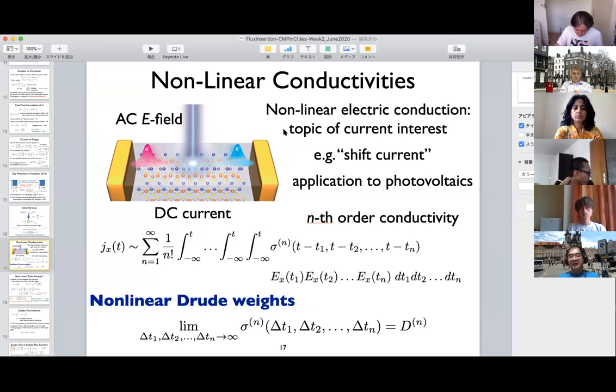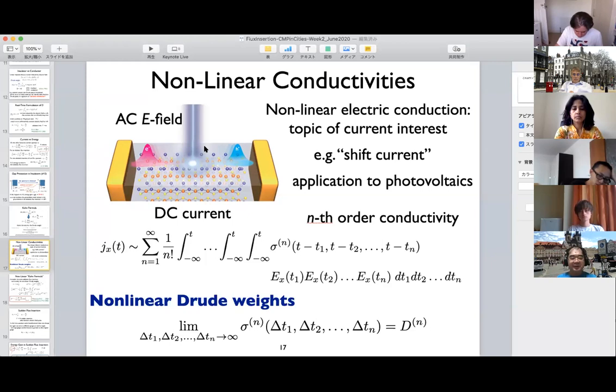But recently, experimentalists developed laser apparatus and so on. If you shine strong laser on the material, you can observe nonlinear effects. So there are experimental interests recently in nonlinear effects, and also several developments on the theoretical side. Nonlinear electric conduction is one of the topics of current interest.